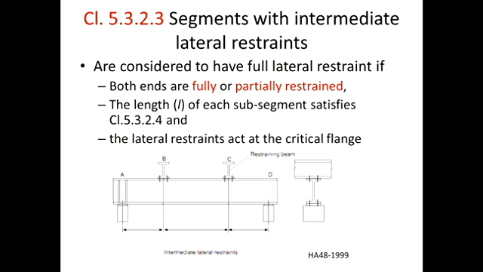So in this case, if we had gravity loads, then we know that this flange would be under compression, so that will be the critical flange. So these lateral restraints will be on the critical flange. But then the other question is how long can these segments be?